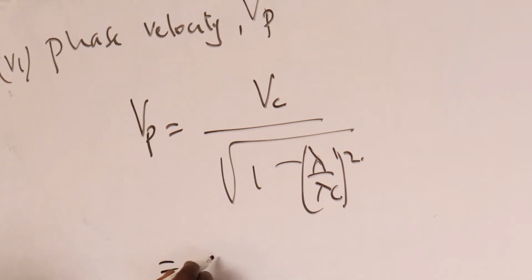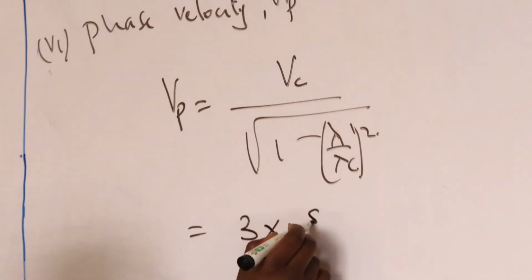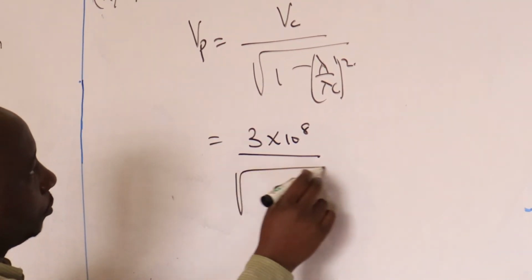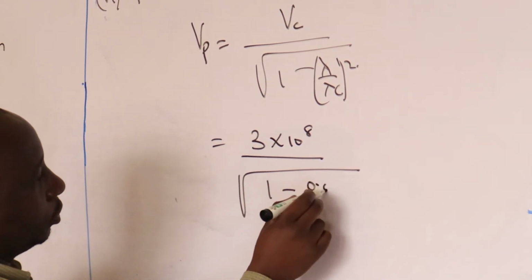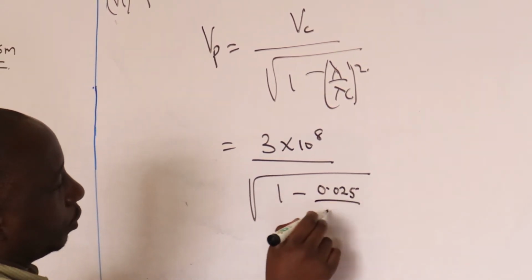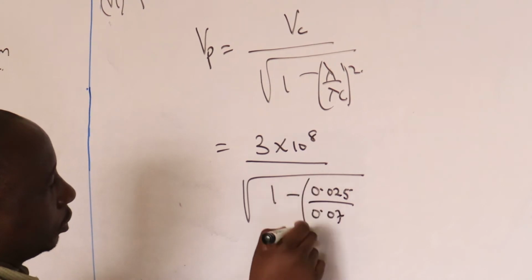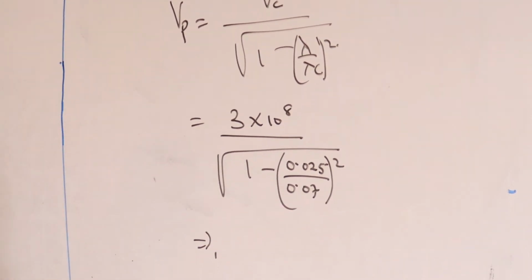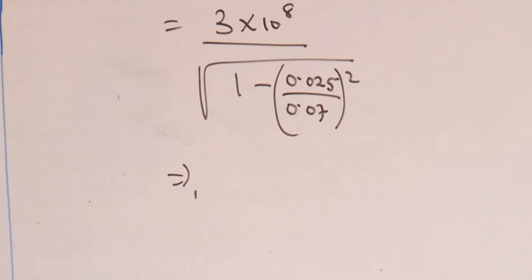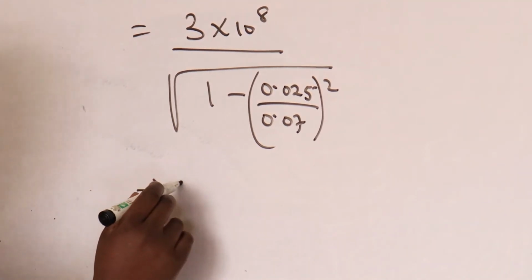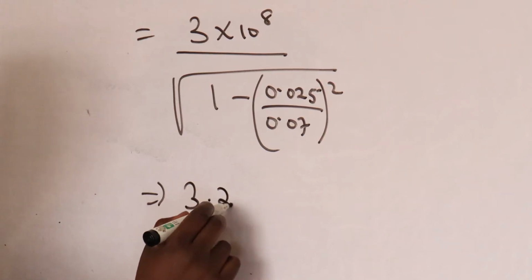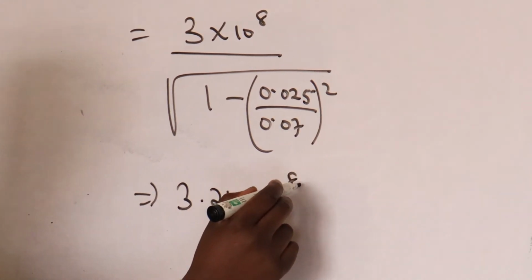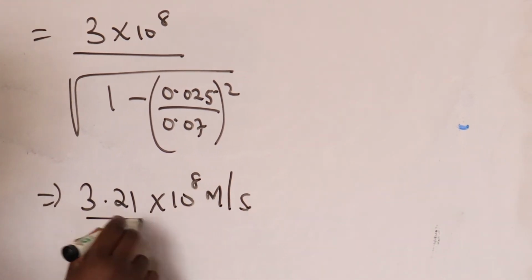So we shall have 3 times 10 power 8 over the square root of 1 minus 0.025 over 0.07, squared. When we divide that, our result is 3.21 times 10 power 8 meters per second.